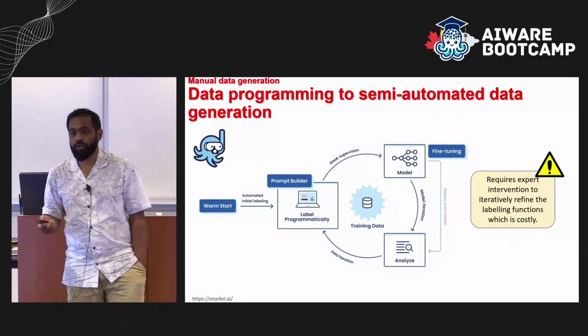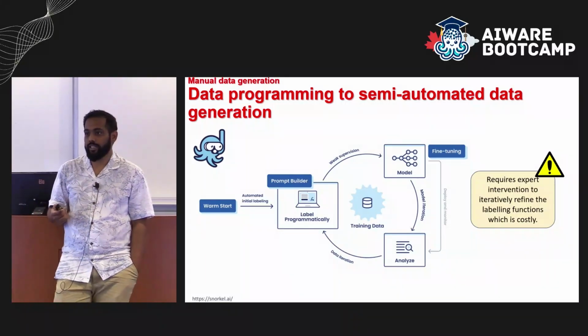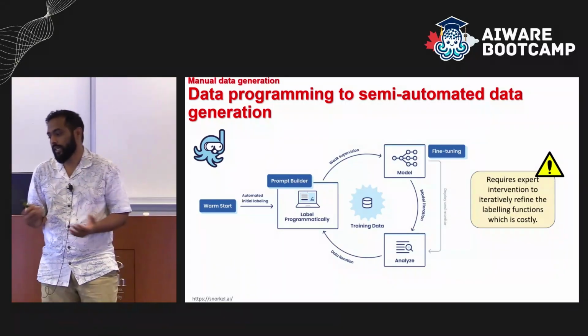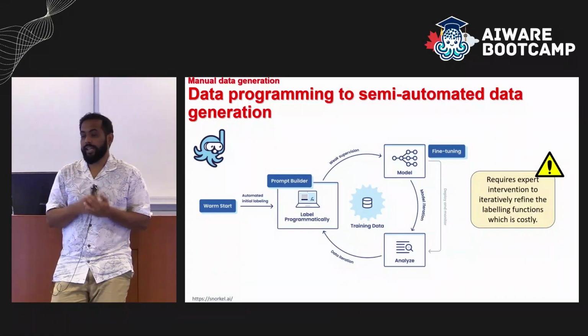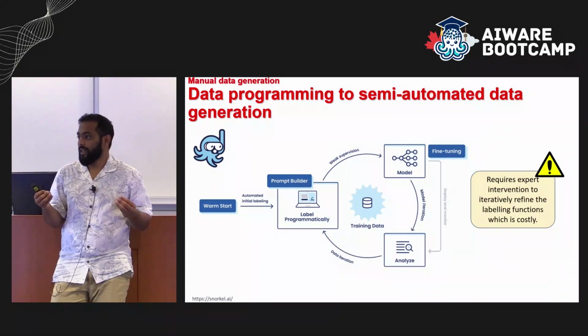Another approach, which is also a manual data generation approach but is semi-automatic, is the Snorkel approach, where they invite domain experts to write heuristics and then use the heuristics to label data. They call it programmatic data labeling.